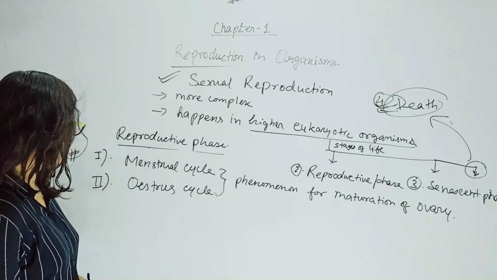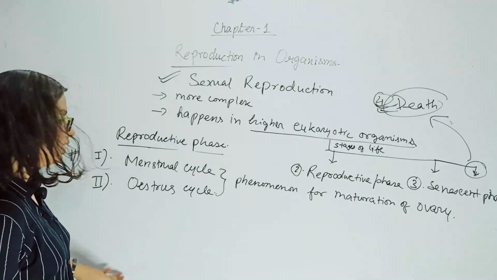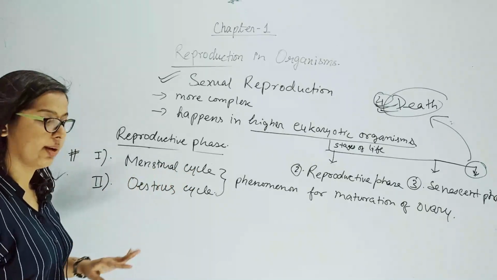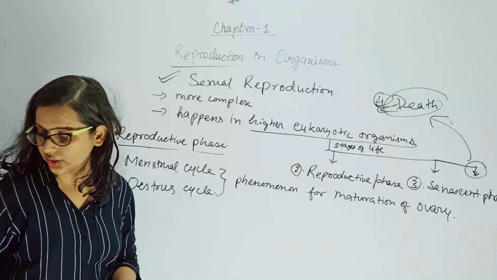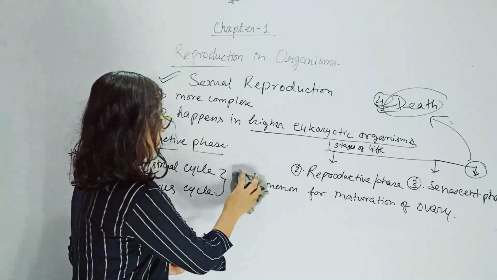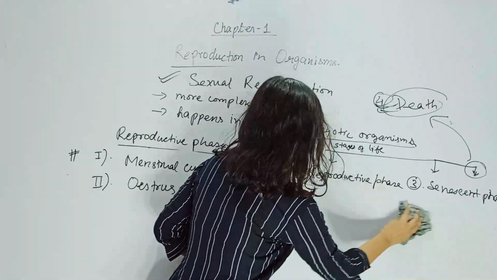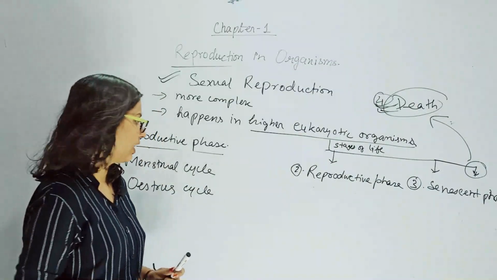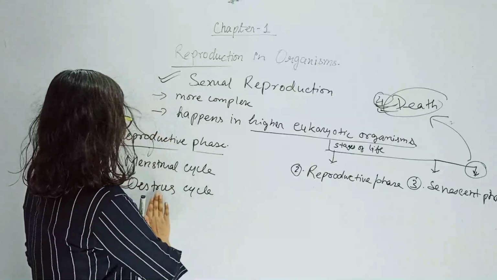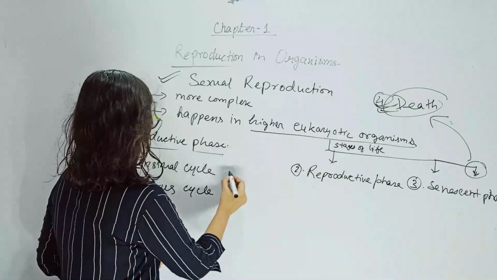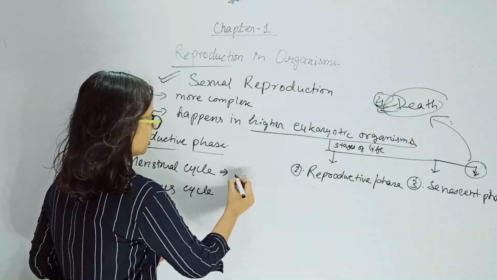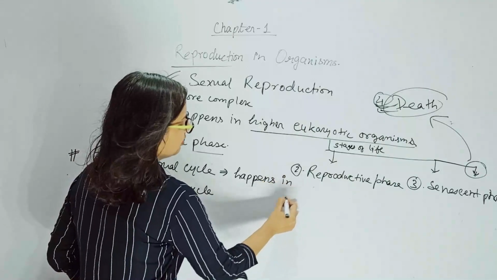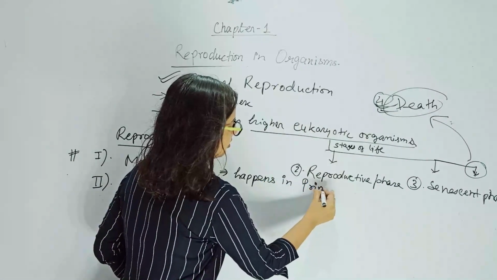So maturation of the ovary consists of certain processes which are considered as the menstrual cycle and the estrous cycle. Now where does the menstrual cycle happen? In which organisms does the menstrual cycle happen, and in which does the estrous cycle happen? The menstrual cycle happens in primates.